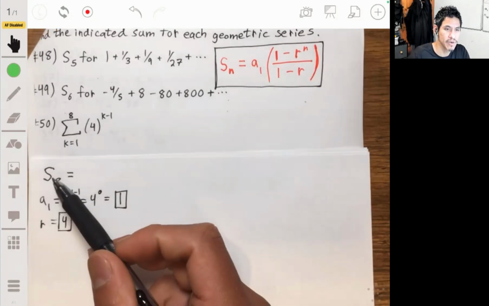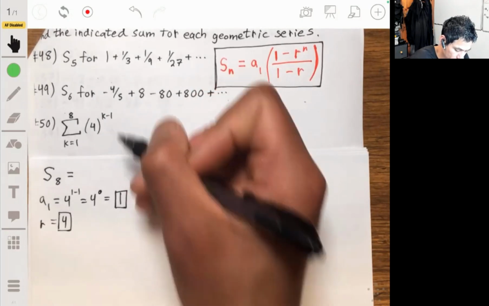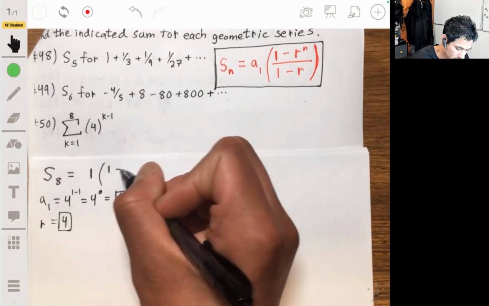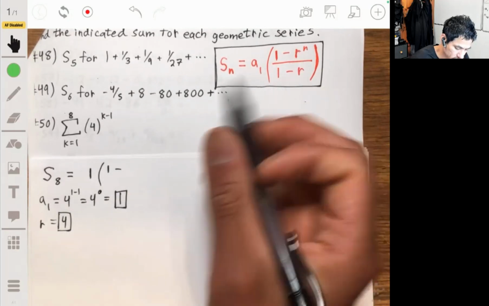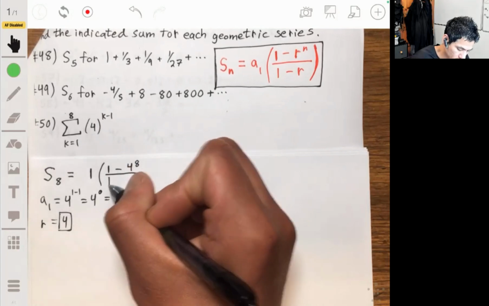And then S8 will be equal to 1 times 1 minus 4 to the 8, all over 1 minus 4.